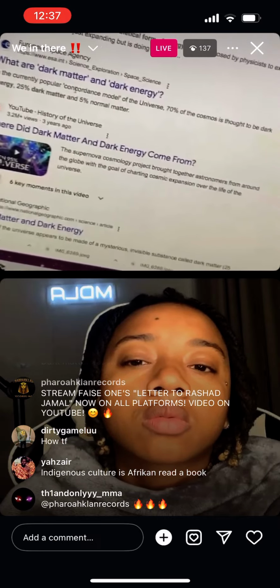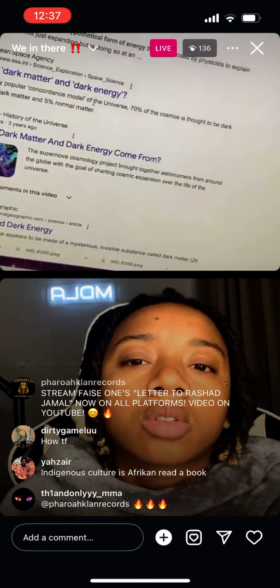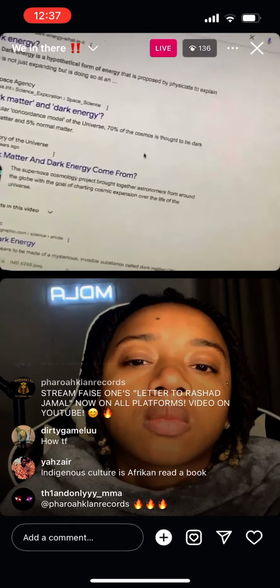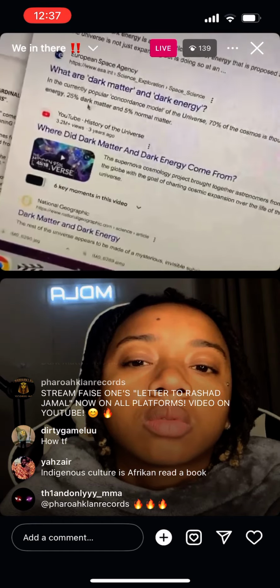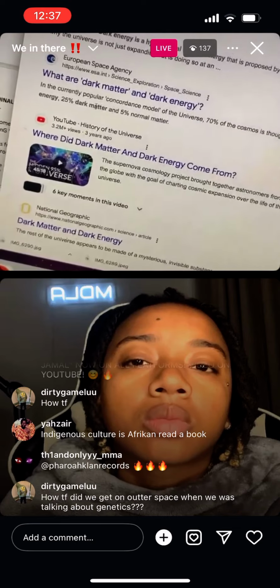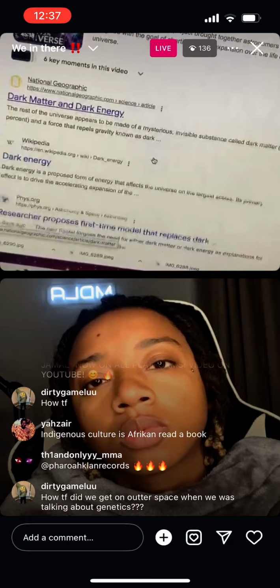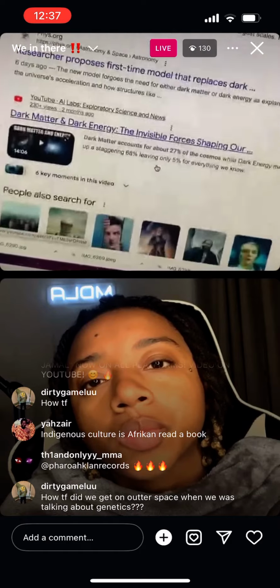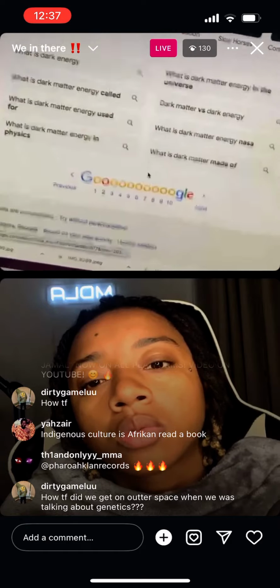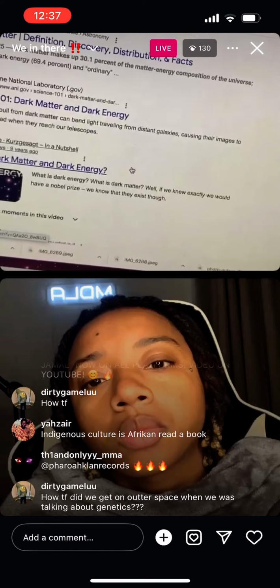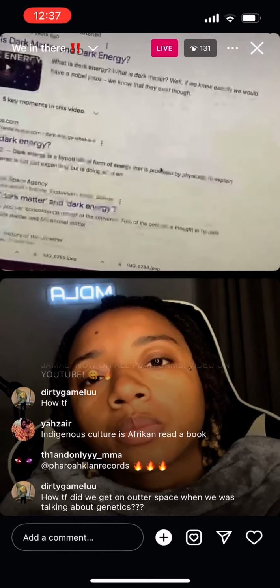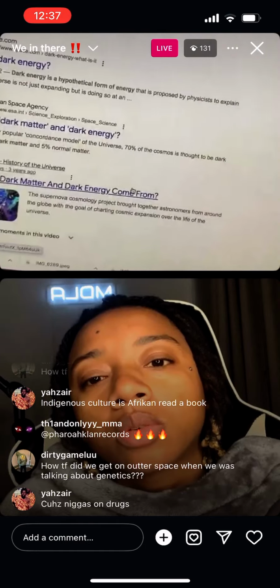In the currently popular concordance model of the universe, 70% of the cosmos is thought to be dark energy, 25% dark matter, and 5% normal matter. So no, dark energy and dark matter are not the same. Okay? So far, there's no such thing as dark matter energy. Doesn't appear to be. Dark matter can't even yield energy. It's not capable of doing such a thing.